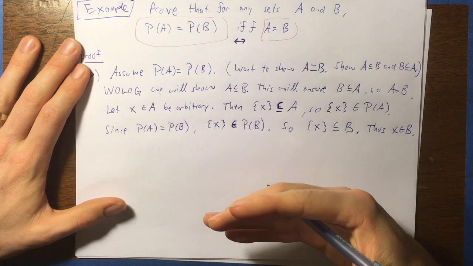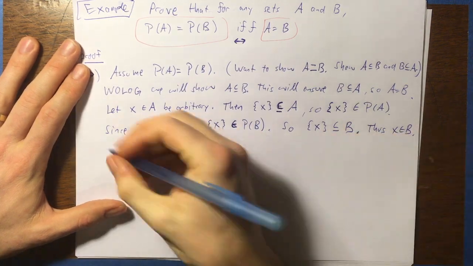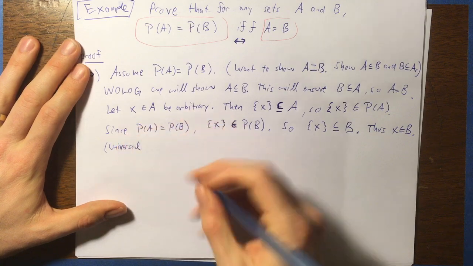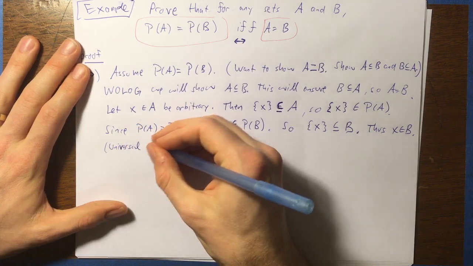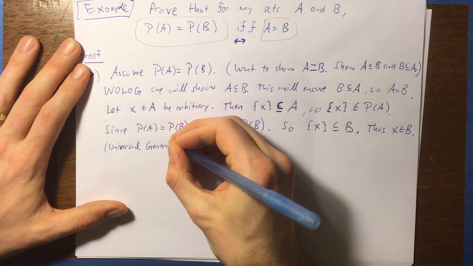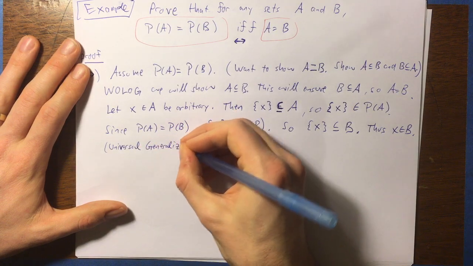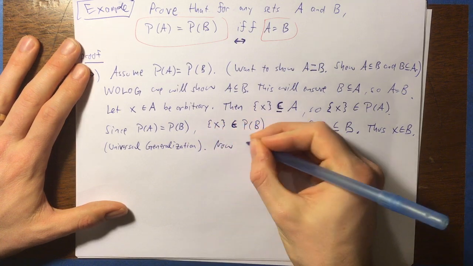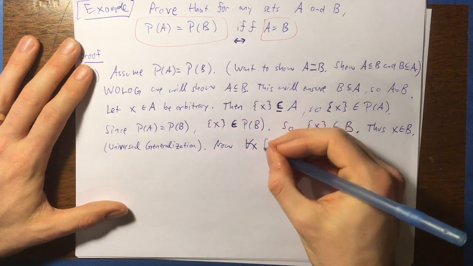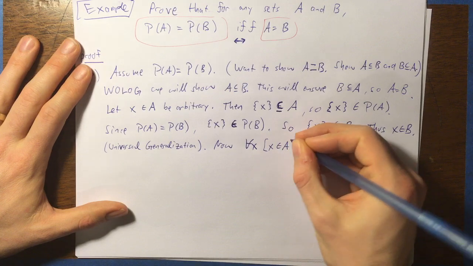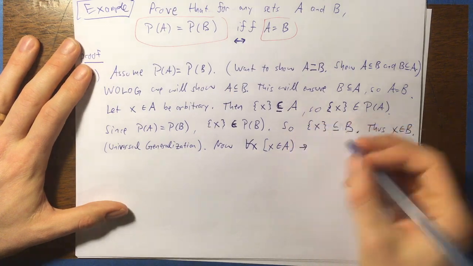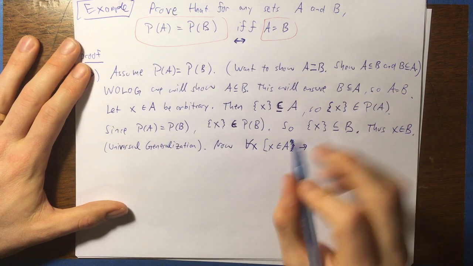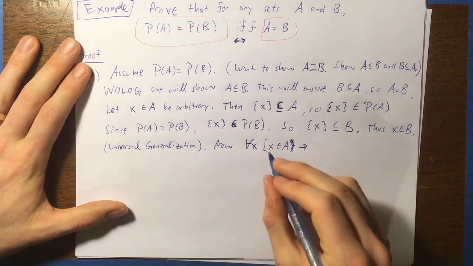Now I'm actually going to do a universal generalization. You don't necessarily need to cite these rules of inference when you use them. Most proofs will glaze over that. But what we are doing here is a universal generalization, because we can say now, for all X, if X is an element of A, then X is an element of B. Sorry, ignore that parenthesis, my hand sometimes does things I don't want it to do.